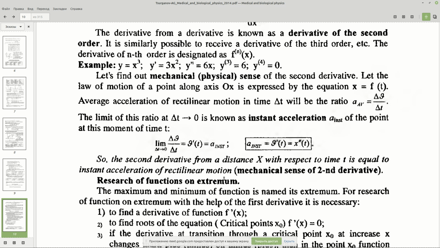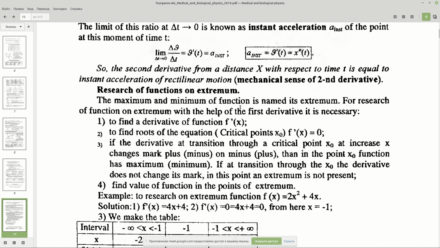For research of the function on extremum with the help of the first derivative, it is necessary first to find the derivative of the function f prime of x, and find the root of the equation, the critical point x0, f prime of x equals 0.